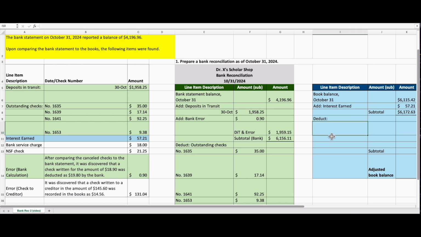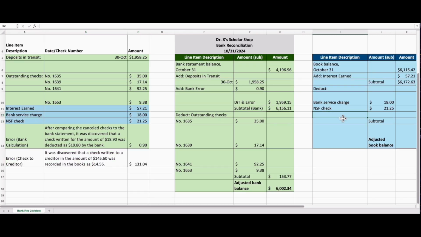Next, let's do the deductions. We deduct the bank service charge in the amount of $18 and our NSF check in the amount of $21.22. Finally, I'm going to call this checkbook error, in the amount of $131.04.